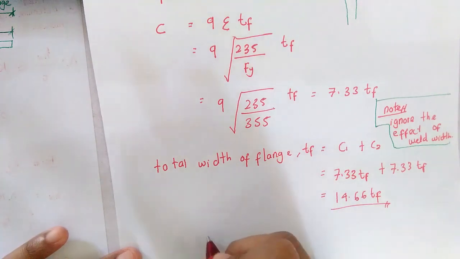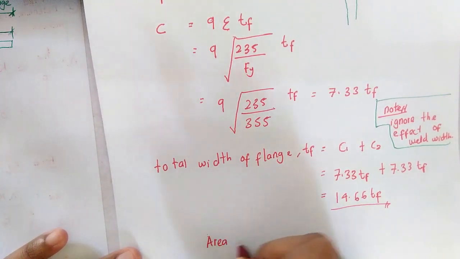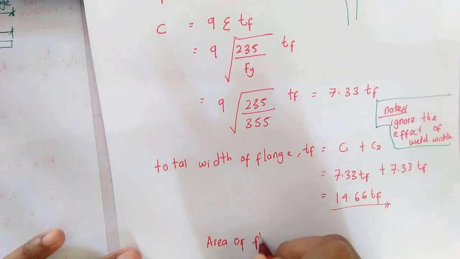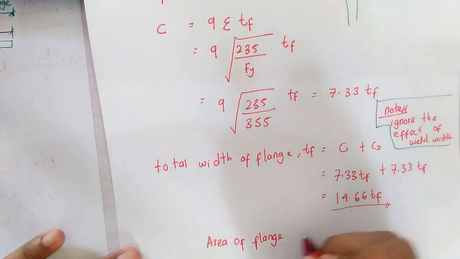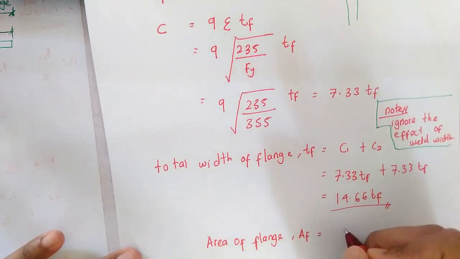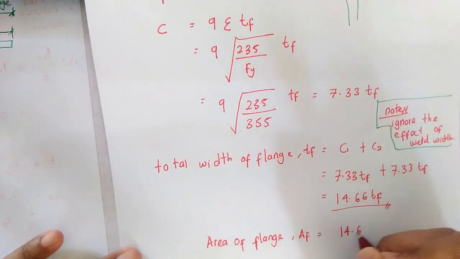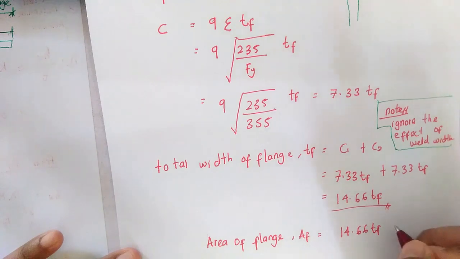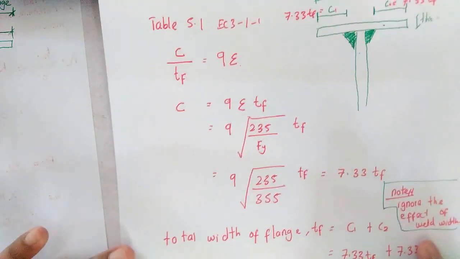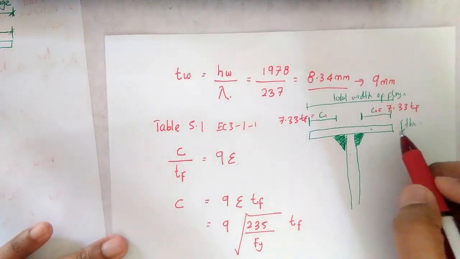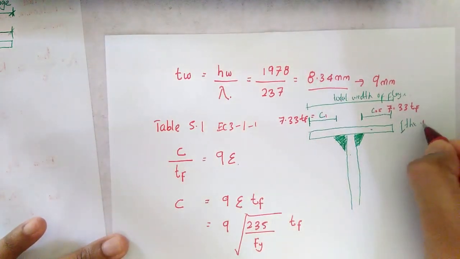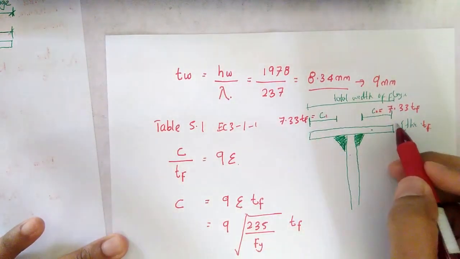And now the area of the flange is equivalent to 14.66 TF times the thickness TF, because this is your TF, the thickness of the flange.